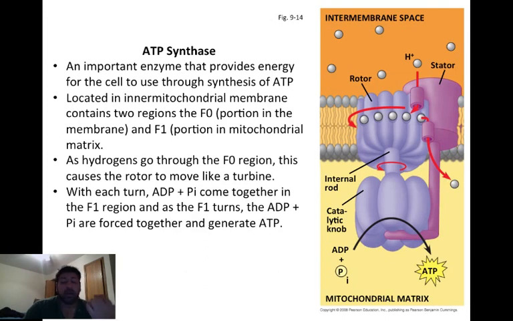We do have some ATP generated in glycolysis. We do have one or two molecules of ATP made during stage 2, the citric acid cycle, but it's here at the end, through the ATP synthase and chemiosmosis, where we generate almost 36 to 38 molecules of ATP. Okay? And it's because of this ultimate process.